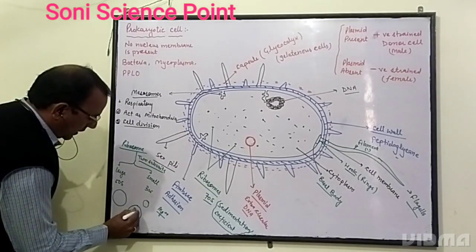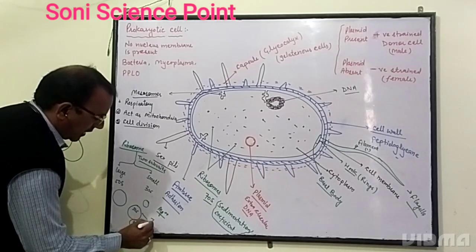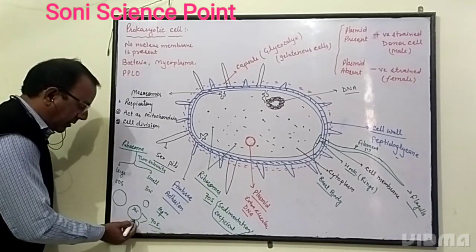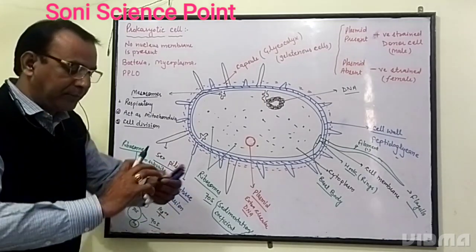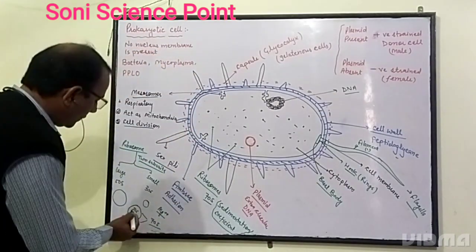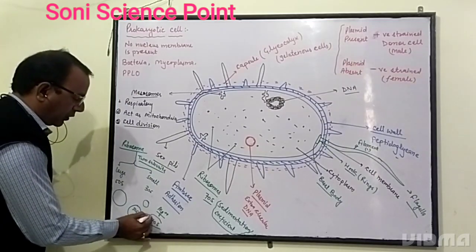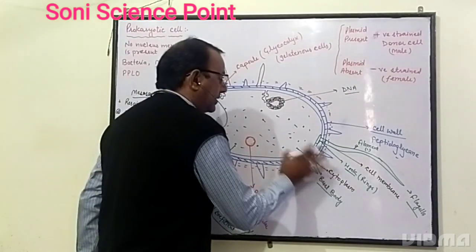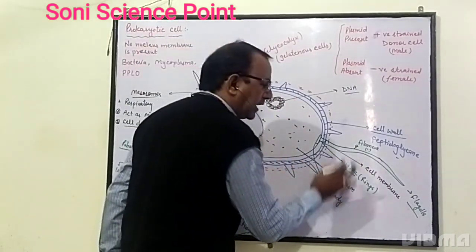So this is the 50S, this is the 30S, but together they make the 70S ribosome. 10S of the sedimentation coefficient is eliminated due to the overlapping. As they overlap, 10 is reduced and it remains only 70S. Clear? All the enzyme activities are present in the cytoplasm.